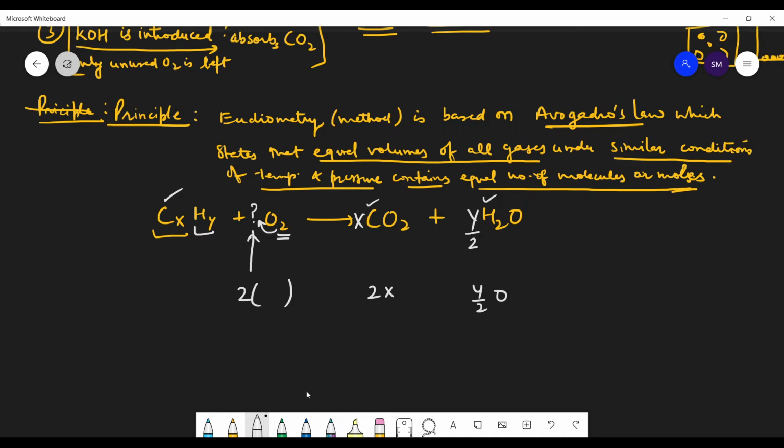You can write it as z, suppose. If this is z, then this is 2z. So 2z is equal to this plus this. So what will be the value of z? x plus y by 4, isn't it? So now CxHy plus, students, you can now remember this equation.